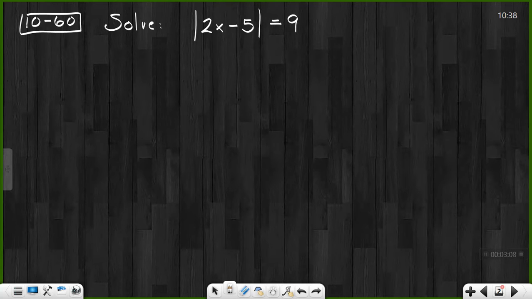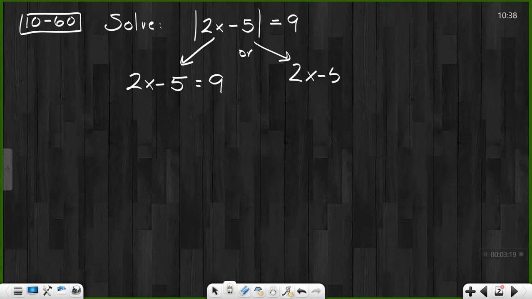Well, what I was covering is 2x minus 5. That means that 2x minus 5 must equal 9 or 2x minus 5 must equal negative 9. And that gives me 2 equations that I can solve to find the 2 values of x that would make this true.